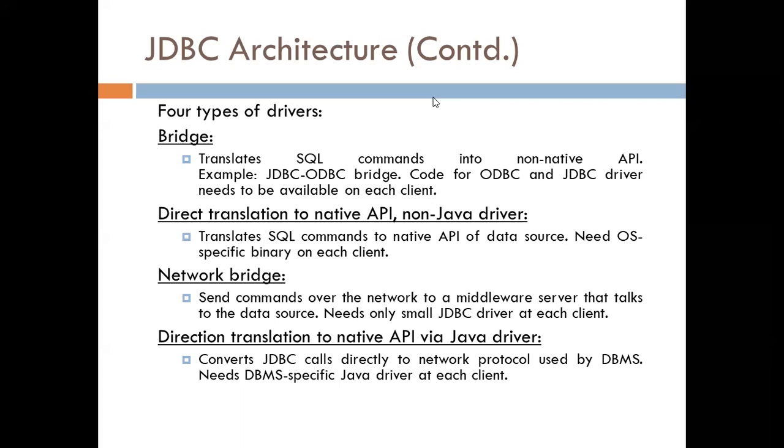This architecture's performance is significantly better than the ODBC-JDBC bridge. But it still has a disadvantage: the database driver that implements the API needs to be installed on each machine it runs on. So in type 2, it is a direct translation from Java to the database platform.